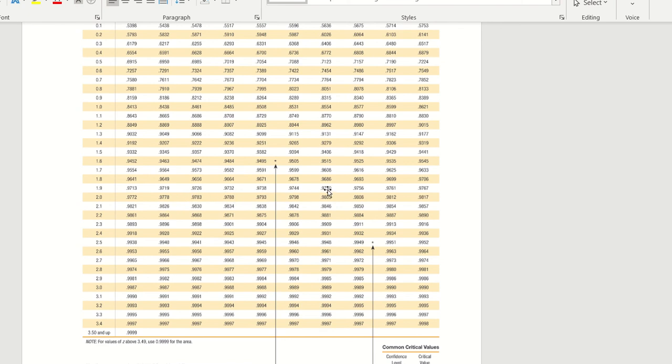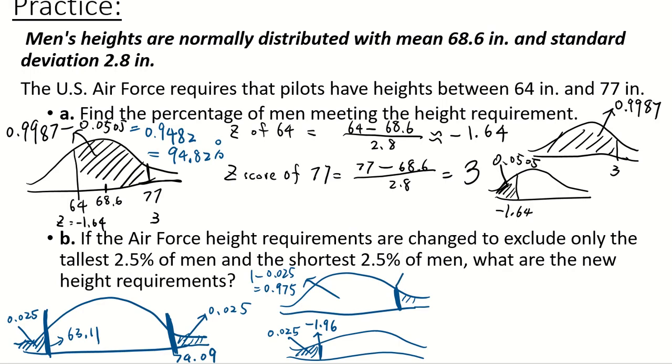Positive 1.96, which makes sense because the bell curve is a symmetrical curve, right? So this z-score is positive 1.96. Obviously these two are not the height requirements we're looking for.